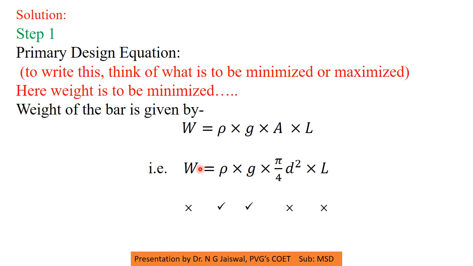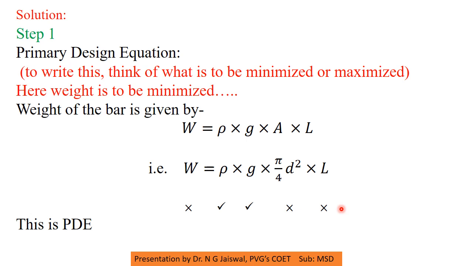But here on the right hand side, d is unknown and the length of the bar is also unknown. In the previous example, the length of the bar was known. Here, length as well as diameter both are unknown. So two parameters are unknown here. This is our basic PDE, primary design equation.